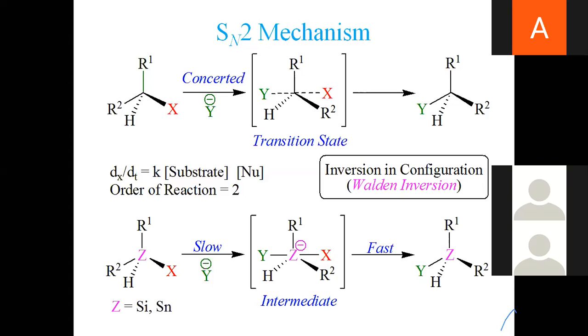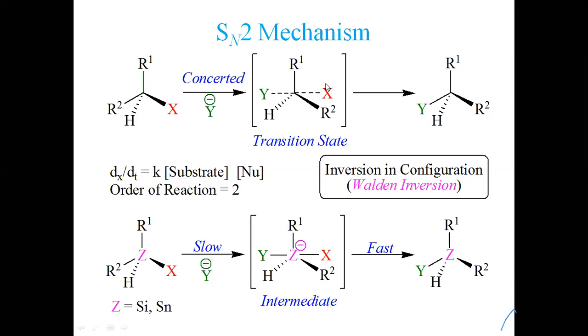If this Z is tin or any of them belonging to the carbon family, and it reacts with a nucleophile, the mechanism is different. If it is carbon, it follows a concerted mechanism. We call this SN2. But if in the center here it is silicon or tin, it doesn't follow SN2 mechanism.